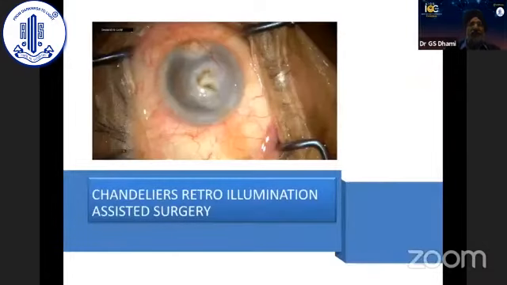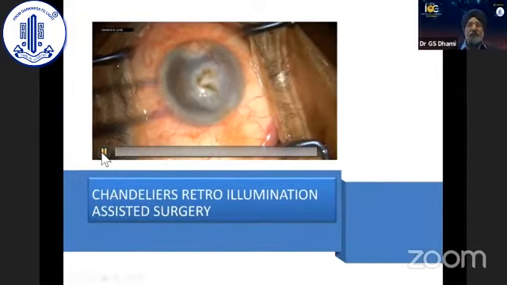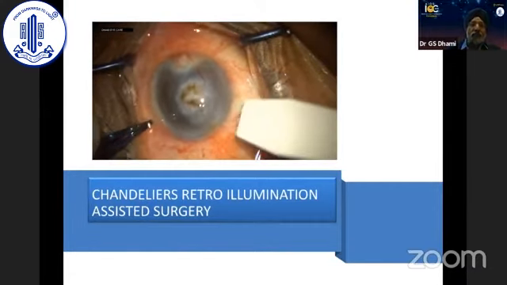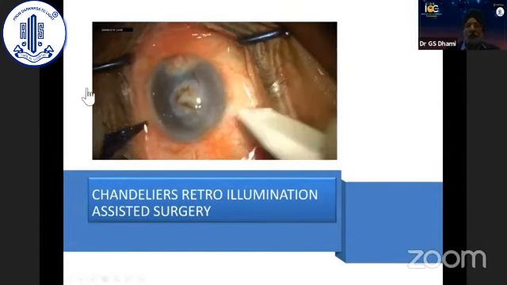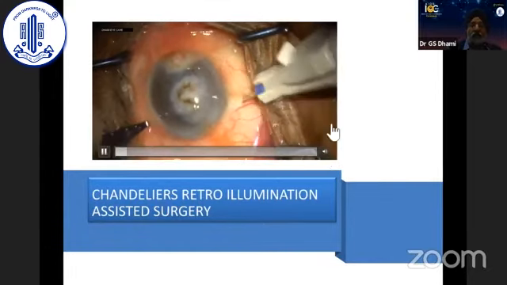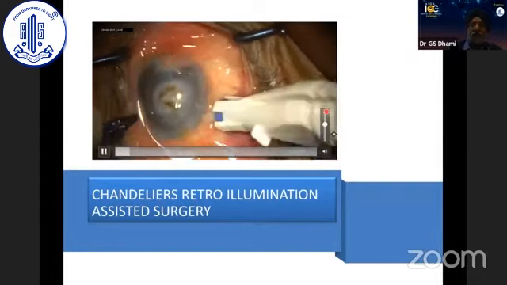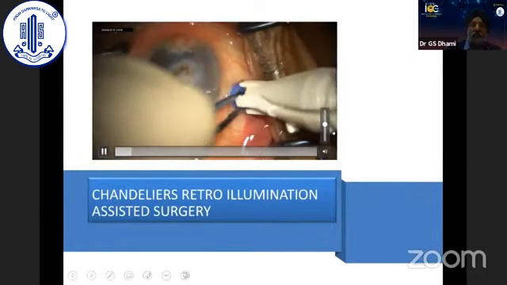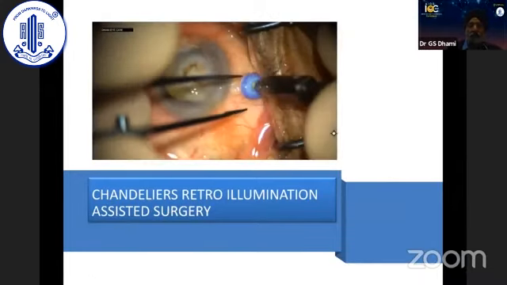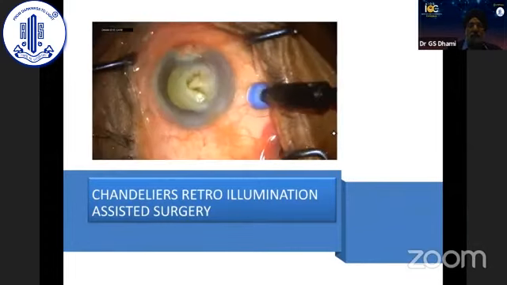Now, this is a challenging case where nothing is viewable, but the patient has come for a phacoemulsification or cataract surgery. And we have no choice except to use this light.